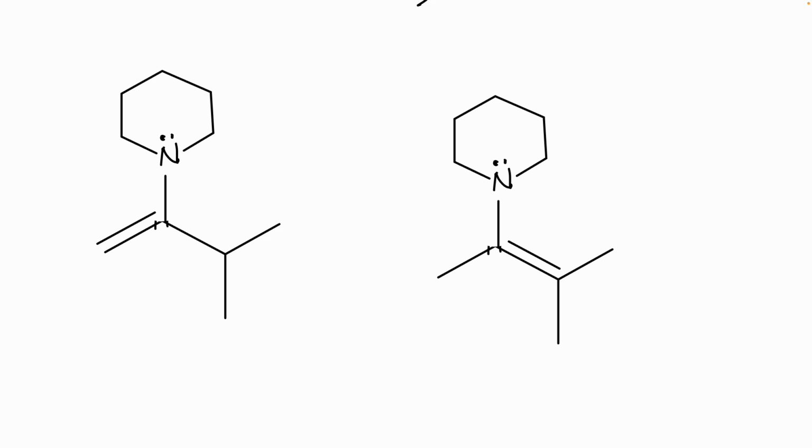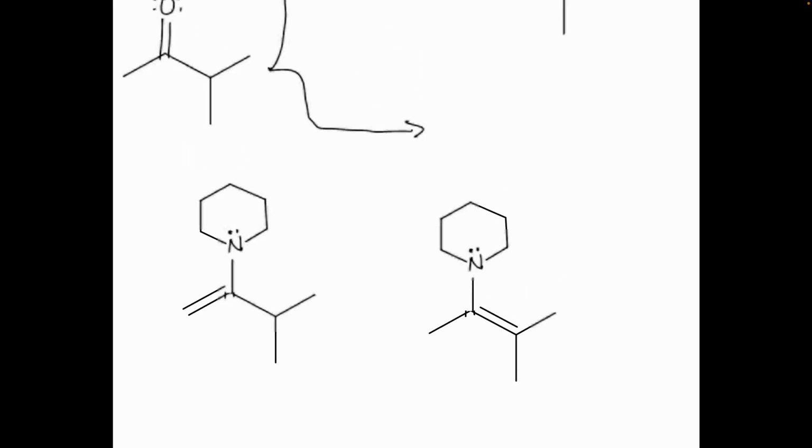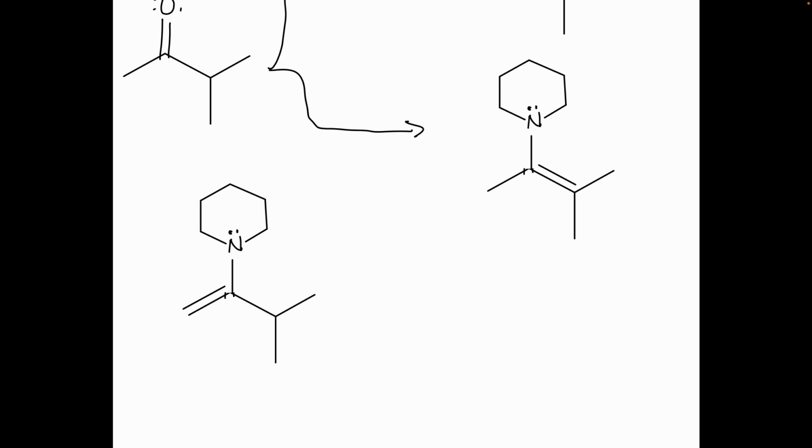So which one of these do we think would be our major product of this reaction, left or right? Why right? More substituted alkene, right? More substituted is more stable, a lower energy product. So in terms of the carbon that's more likely to give up its hydrogen, we want to form that more substituted double bond.